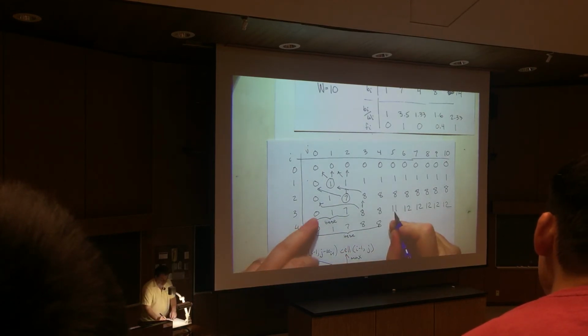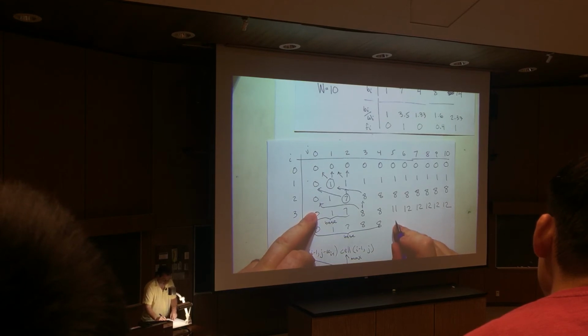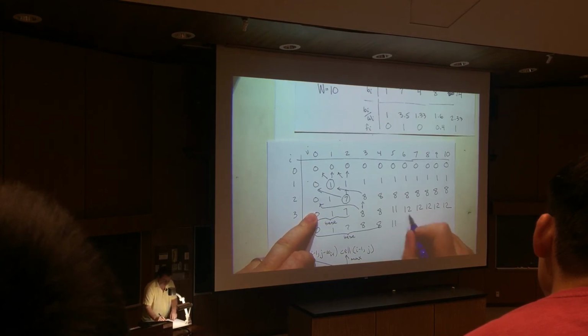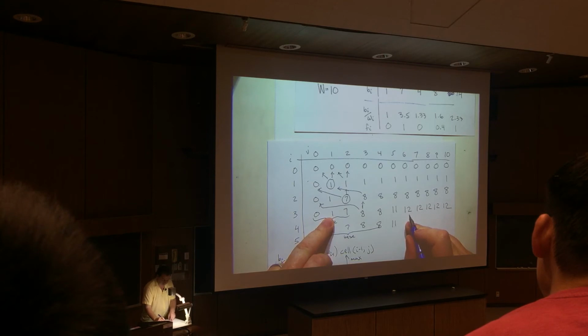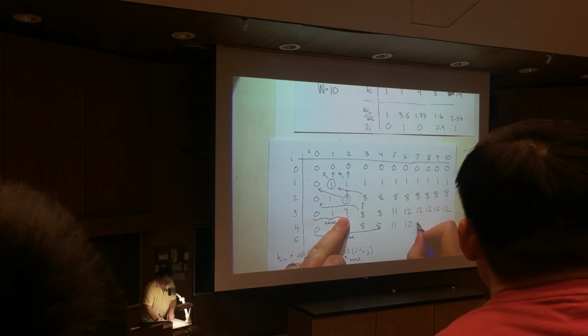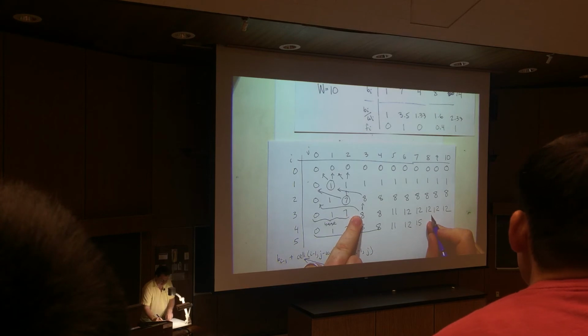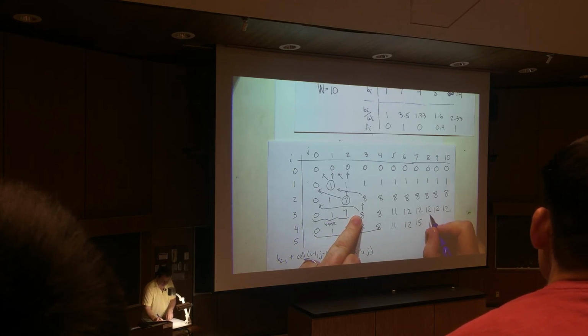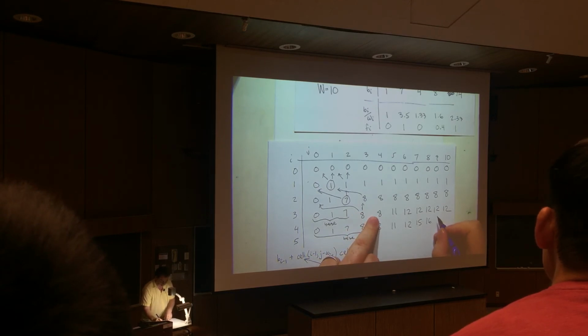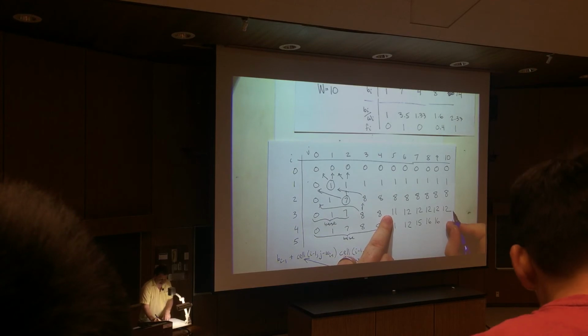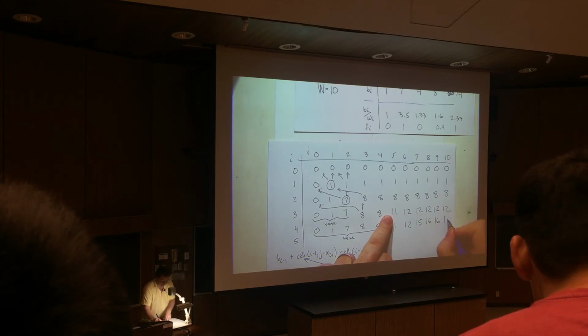Finally, we can look 5 units back and take 0 plus 8 versus 11. 11 wins. 1 plus 8 versus 12. 12 wins. 7 plus 8 versus 12 is 15. 15 wins. 8 plus 8 is 16 versus 12. 11 plus 8 is 19.